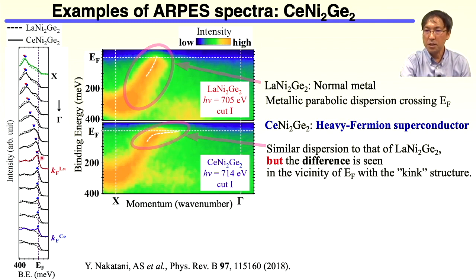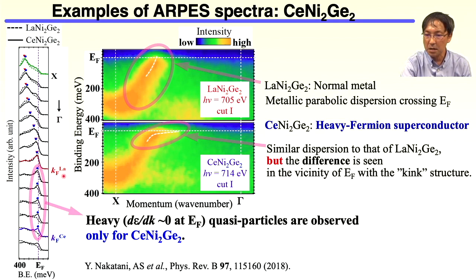For CeNi2Ge2, the spectral weight remained even after crossing the Fermi level vector kF for LaNi2Ge2, suggesting that the Fermi wave vector is shifted in the direction away from the X point, and the slope defined by dE/dk becomes very small in the vicinity of the Fermi level.